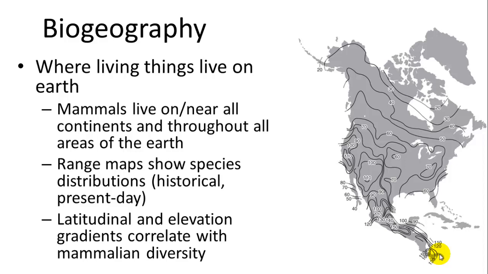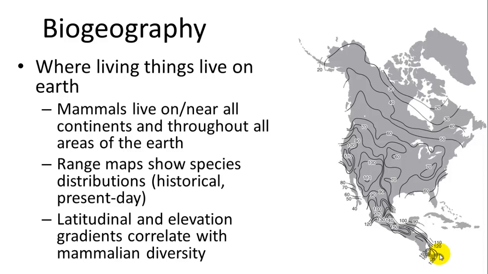Oftentimes, though, that decrease in diversity comes with an increase in abundance. You find caribou, a large mammal in these northern latitudes, and they're very abundant, but you don't find as many other types of mammals as when you go down into the tropics.